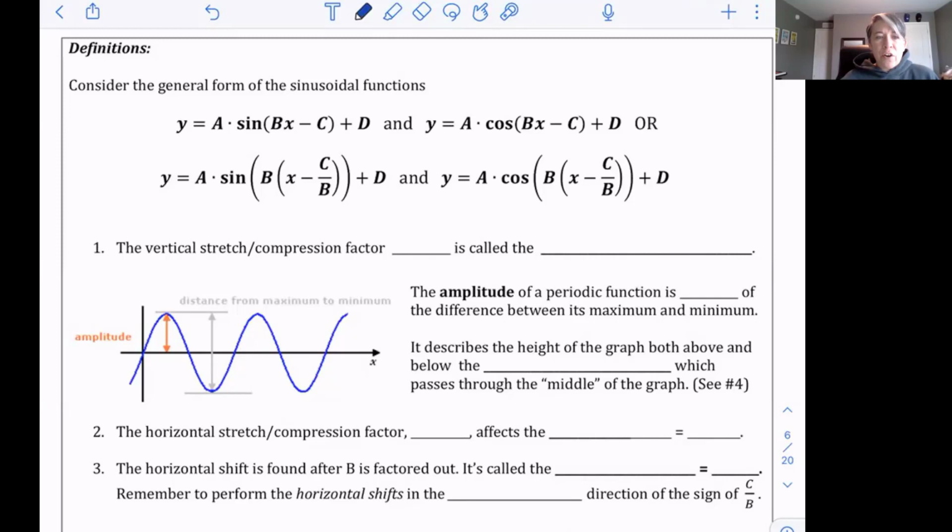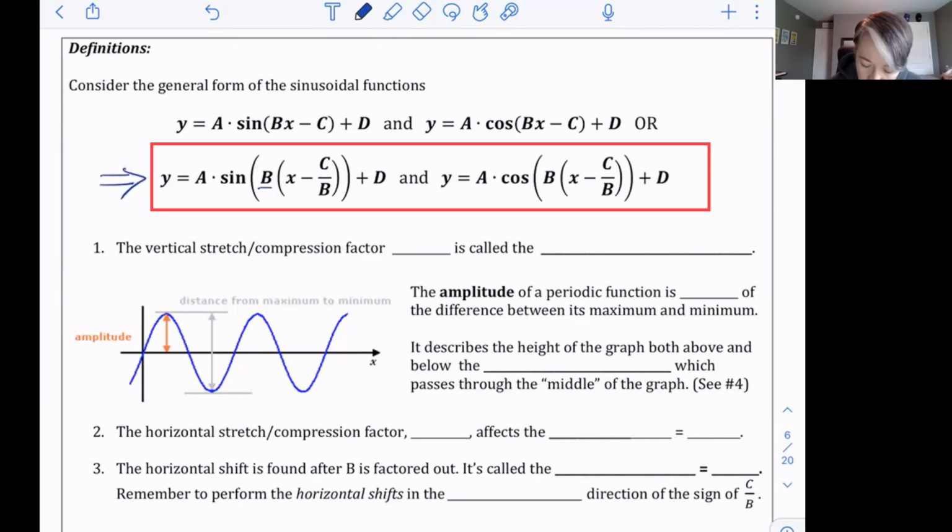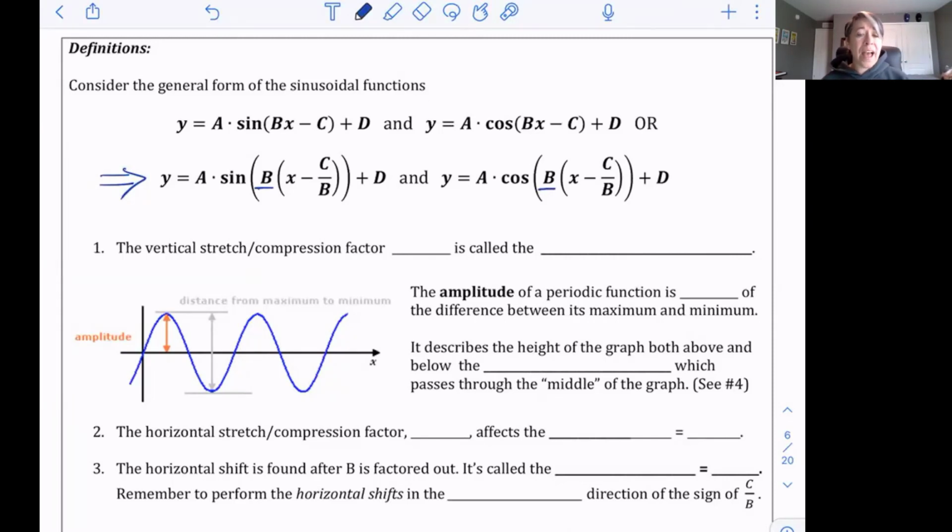This is the generic form of what they call a sinusoidal function, a sine or cosine function with transformations. Notice on this line here, the b values have been factored out. We still have a vertical stretch or compression by a factor of the absolute value of a, just like before.